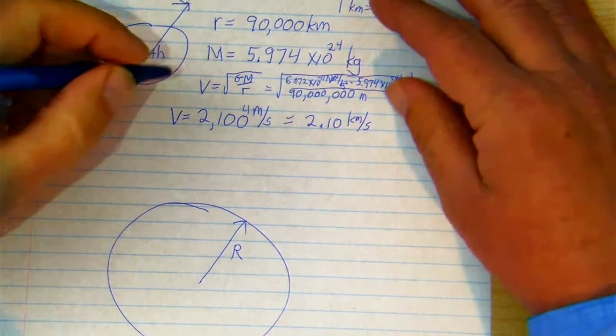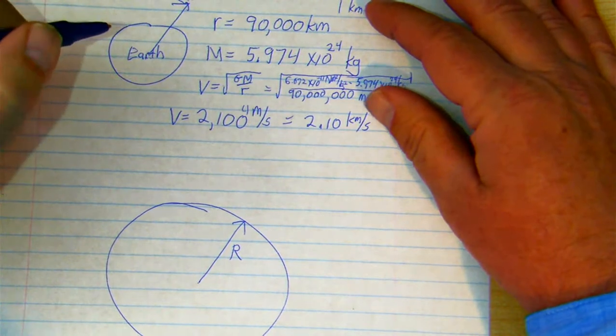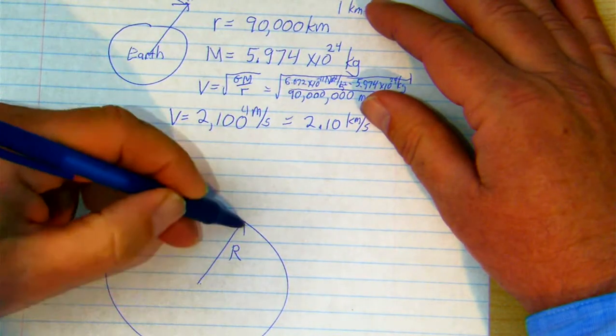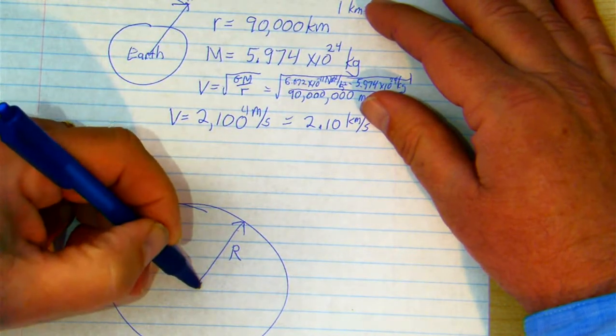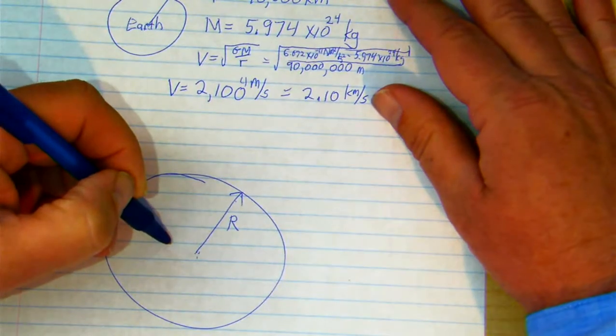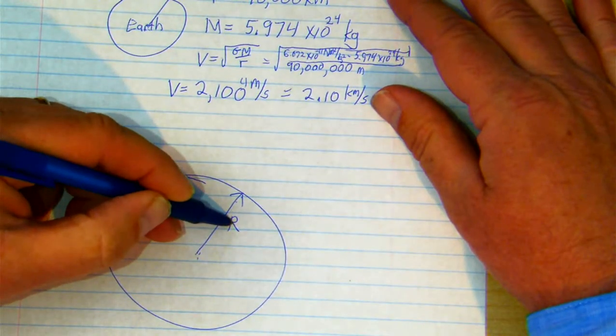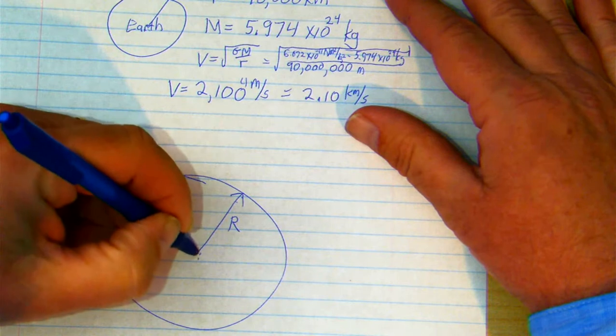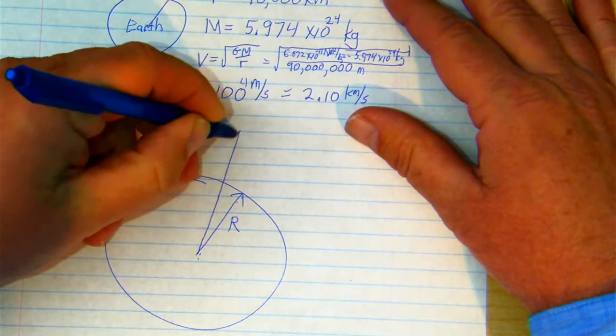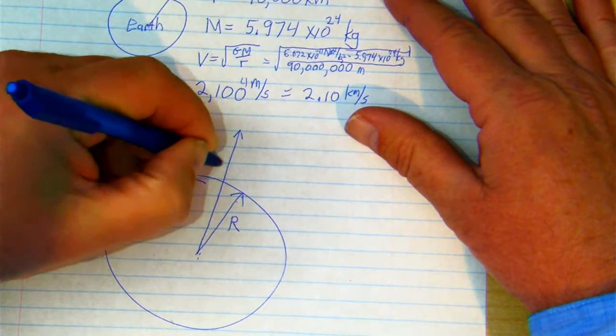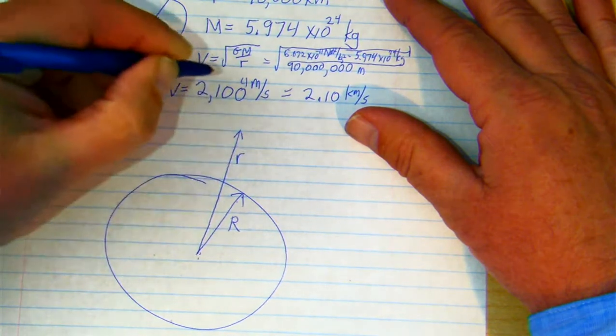So now I want to give you a little bit of geometry that says, look, if I know the radius of my central body, usually we write that with capital R. That's different from the orbital radius, which we usually write with lowercase letter r.